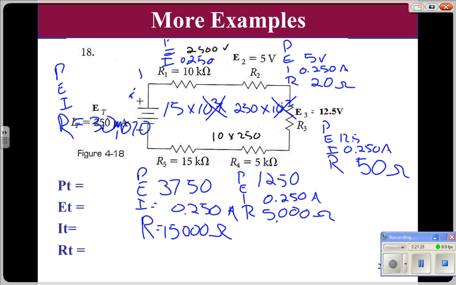So 30,070 times 0.25 would give us what? 30,070 times 0.25.